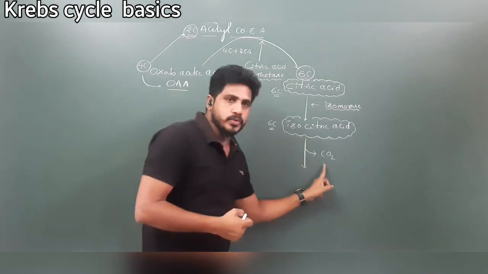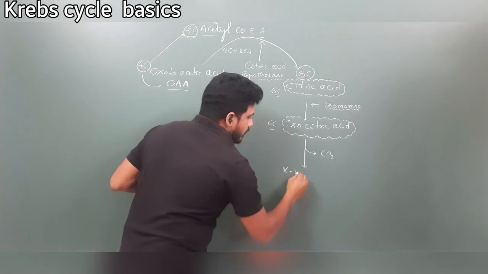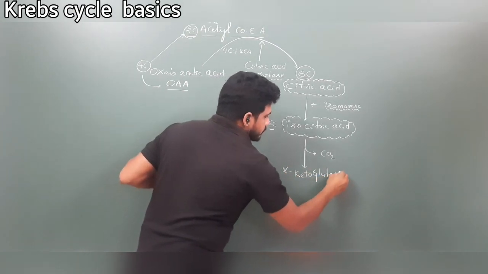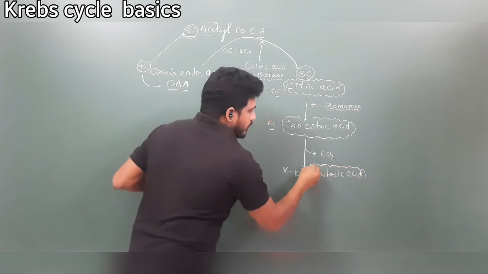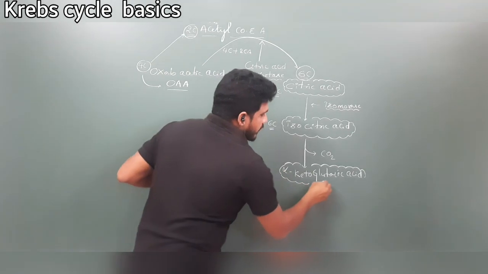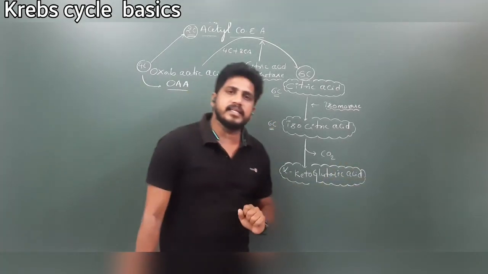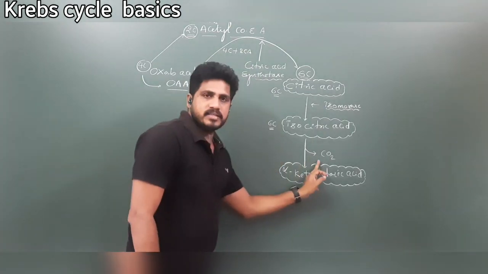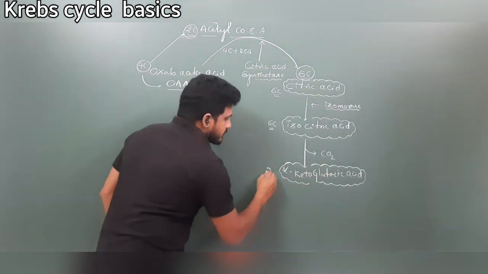Once the 6 carbon compound loses 1 carbon as carbon dioxide, alpha ketoglutaric acid will be formed. Alpha ketoglutaric acid has carbon number 5, because 6 minus 1 carbon goes out as carbon dioxide.